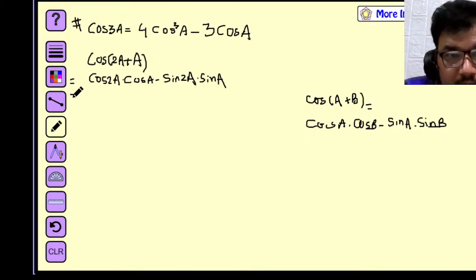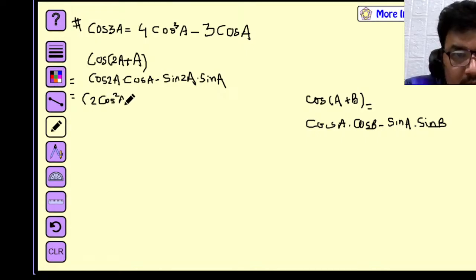Then here we have to bring cos 2a in terms of cos. That's why the cos 2a formula in terms of cos will be 2 cos square a minus 1, into cos a.